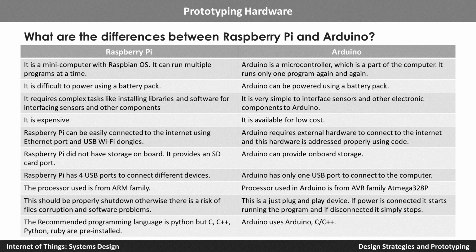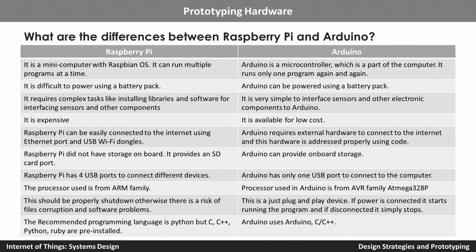Raspberry Pi is difficult to power from a battery pack. Arduinos can be powered from a battery pack. Raspberry Pi requires complex maintenance such as installing libraries and software, and interfacing sensors. Arduinos are very simple to interface with sensors and other electronic components.